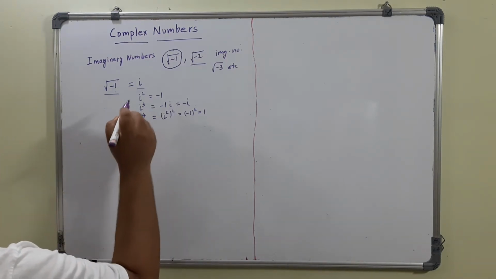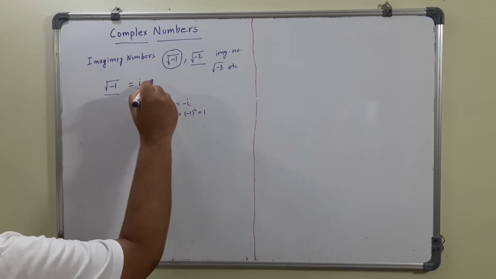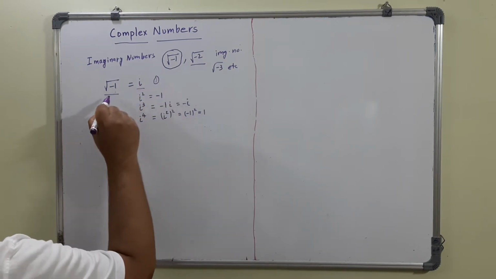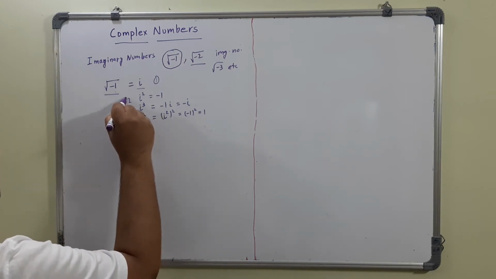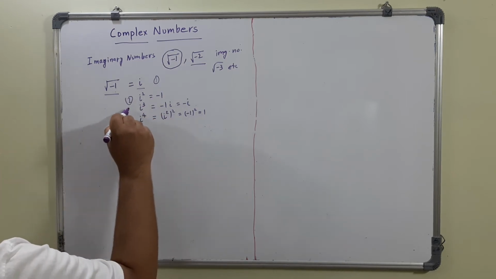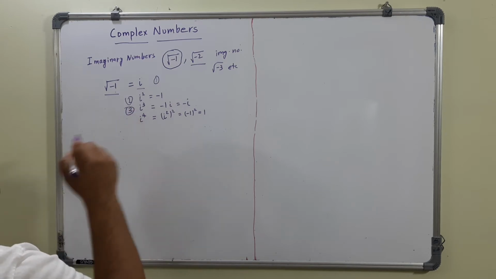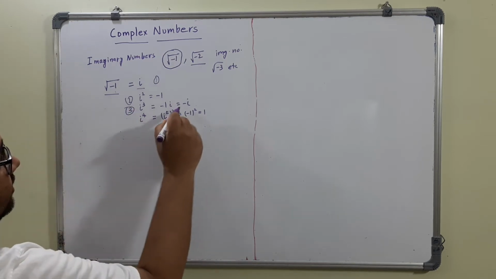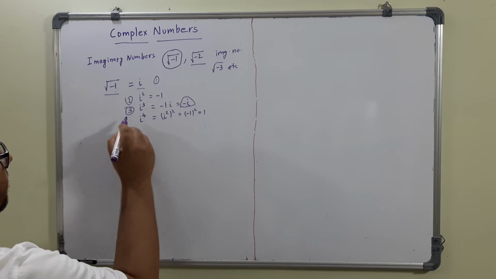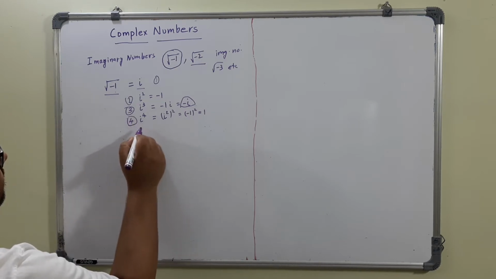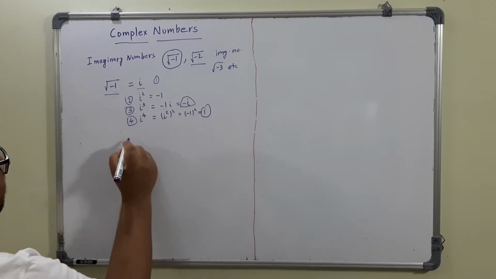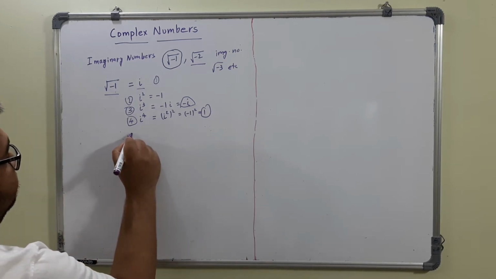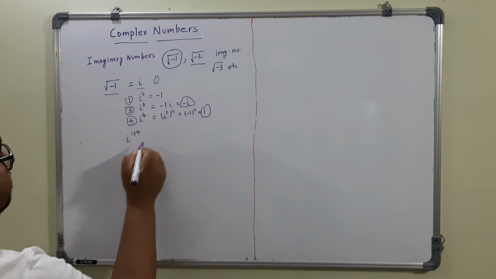The first power of i is equal to the square root of -1. The second power of i is -1. The third, i raised to the power 3, is -i, and i raised to the power 4 equals 1. And all others, let's take i to the power 129.